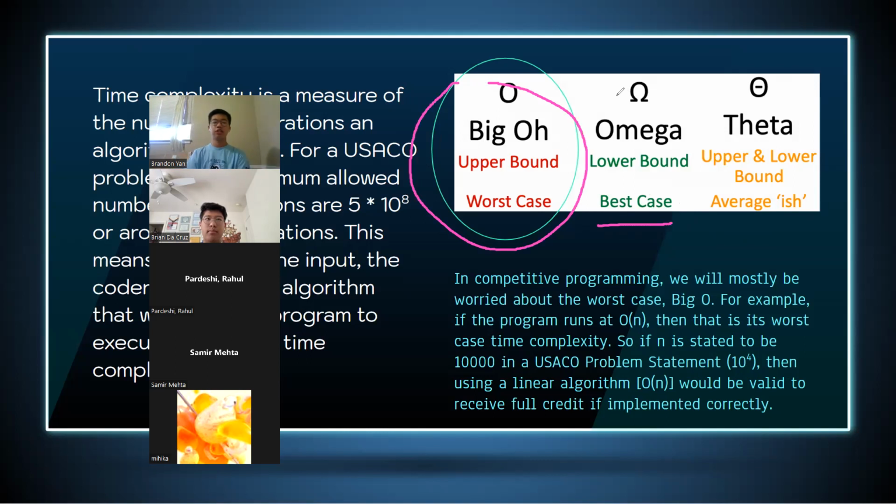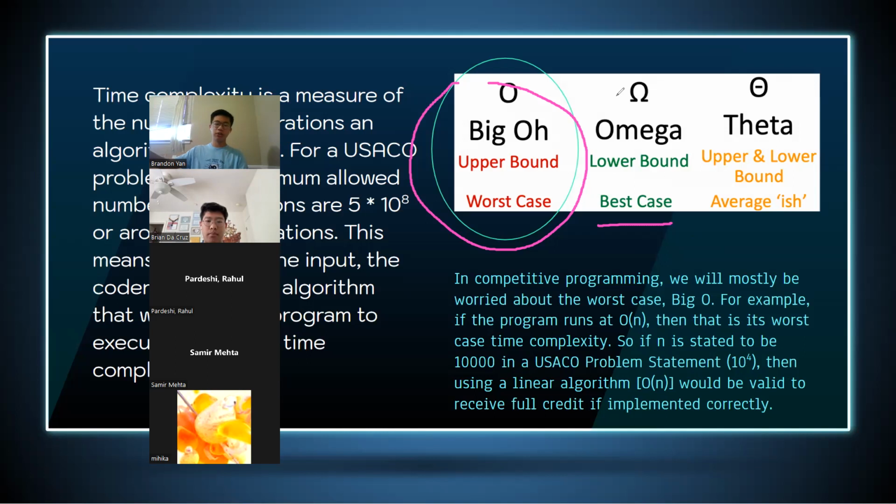Omega is basically what your program is guaranteed in the best case: it'll always run this fast, the fastest it could ever run. Let's say you were doing a for loop, checking each element, and if it's equal to 1, then break. The best case is if you had an array and the first element is the element you're looking for, you just break instantly. Then you did it in one operation.